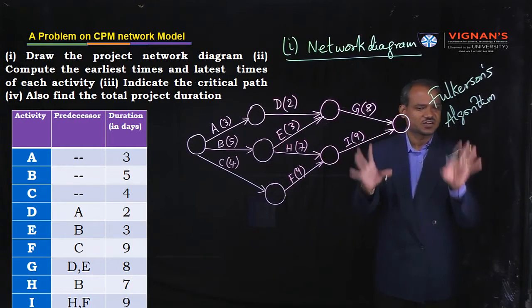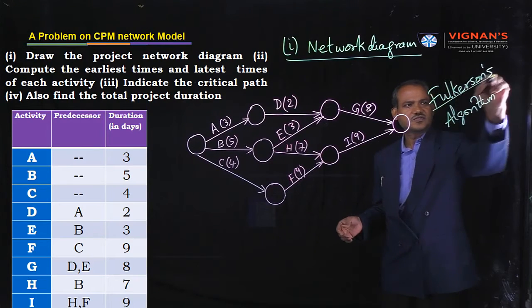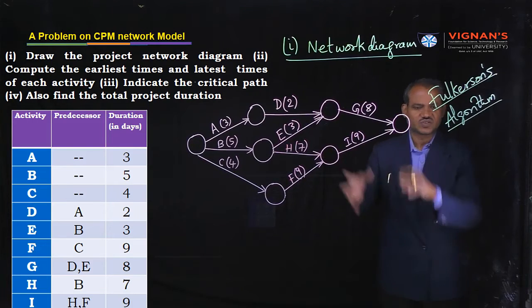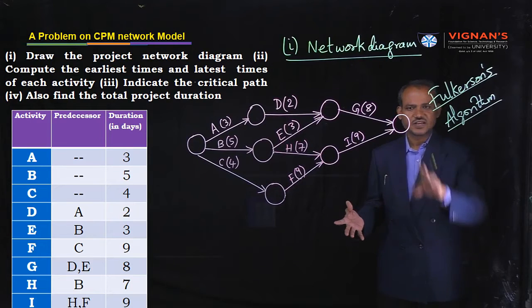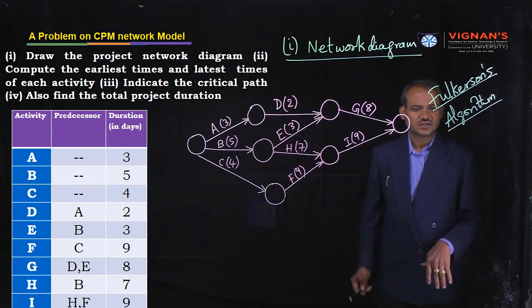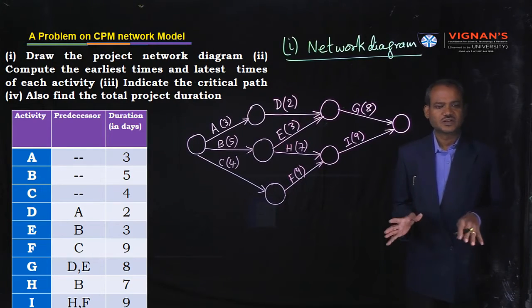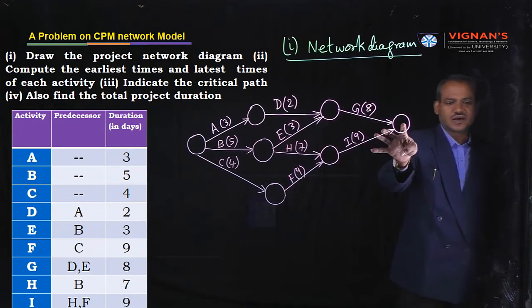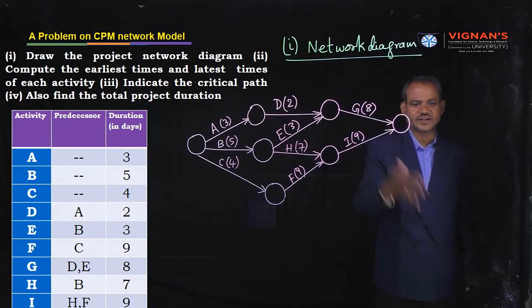We have to follow that algorithm. Okay? Fulkerson's algorithm for numbering the nodes or events. In PERT network models, the same nodes we can call events. That I will explain. Numbering, we can start from the first node of the entire network to the last node of the network diagram. We are moving from left to right.